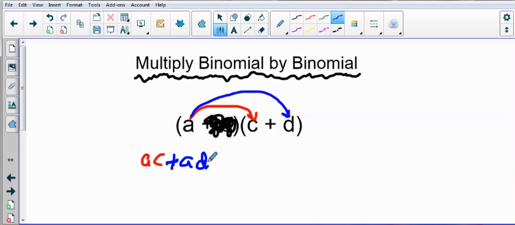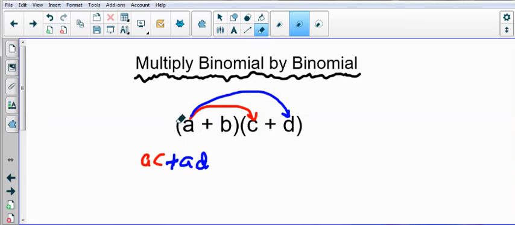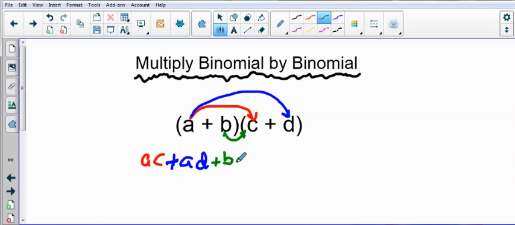All right, now we're going to look at just the b. We're going to take a positive b times a positive c, which is just going to be positive bc.